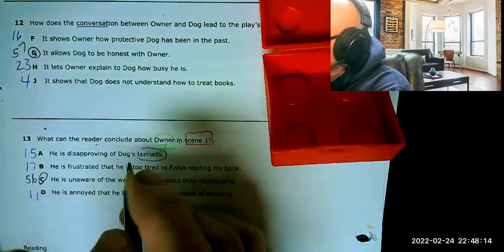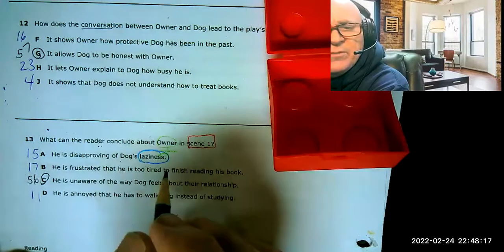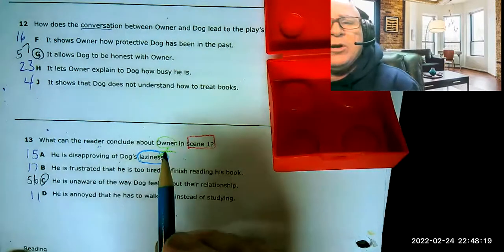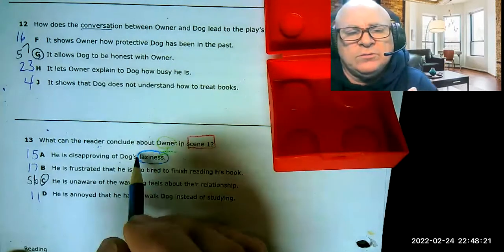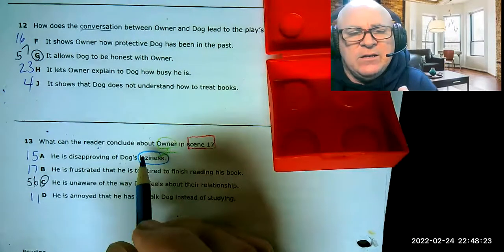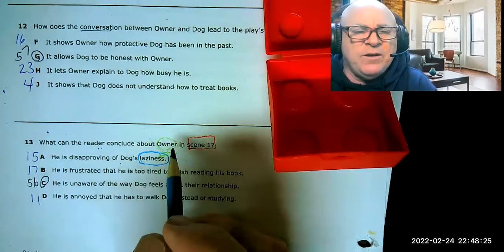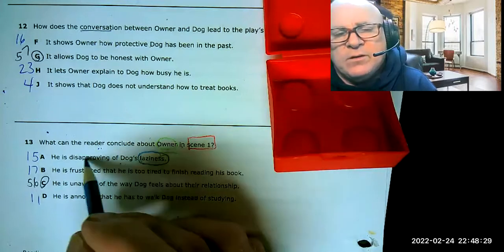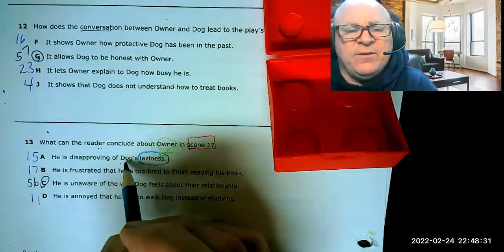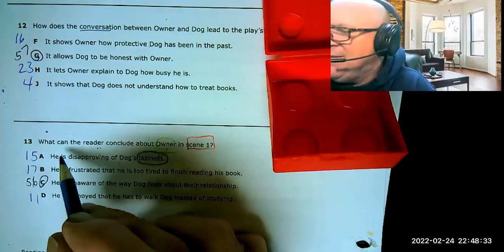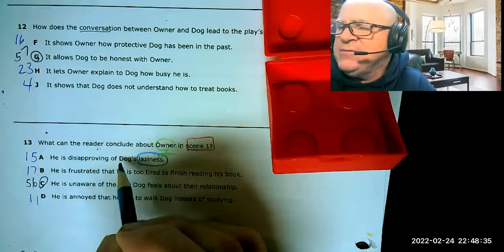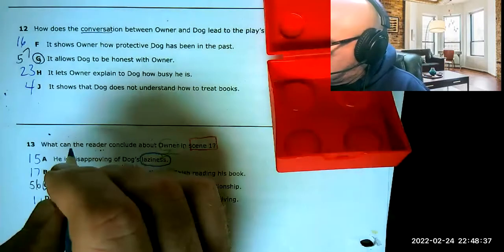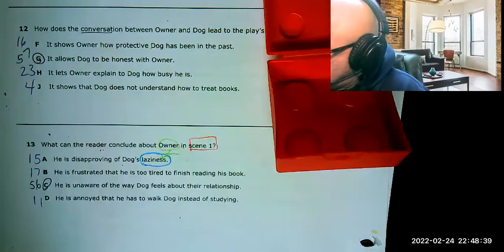If the dog, the subject, is lazy, according to the owner, he is disapproving of the dog's laziness. So the subject, object. If he feels disapproving, that is a negative emotion, so I could draw a heart right there.